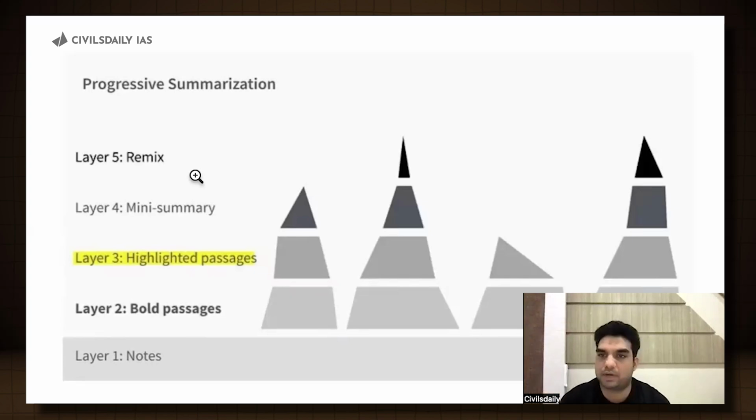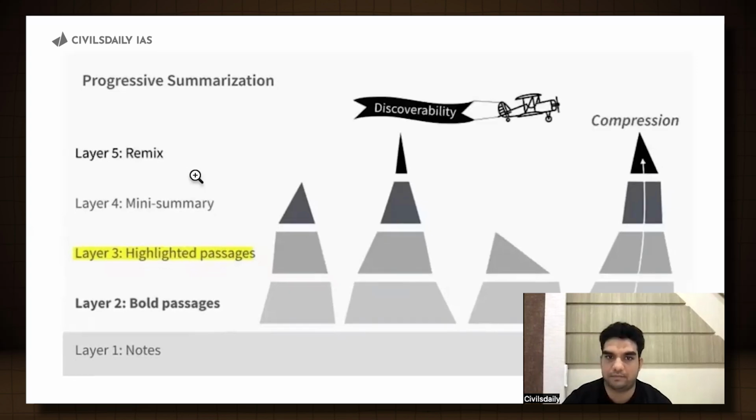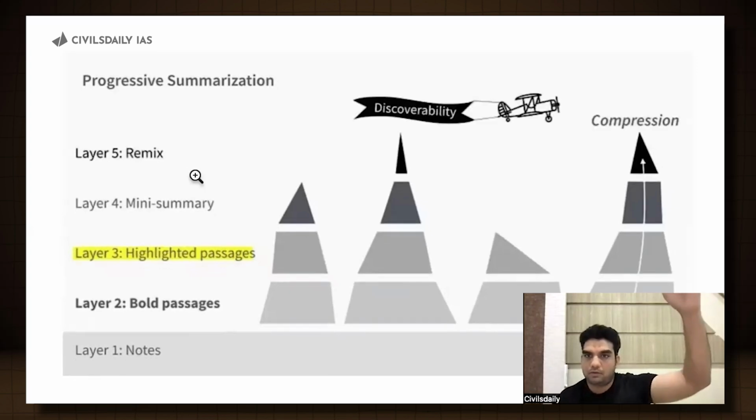Remix is nothing but the whole thing, the whole notes in the form of diagrams now. Right. Let's see real examples. So from the above, what do you see? All you're seeing is diagrams, one liners, two liners. Am I correct? From the above. So when I am seeing only one, two liner topical keywords, do you think the discoverability is high?